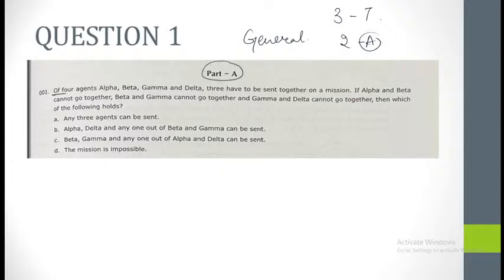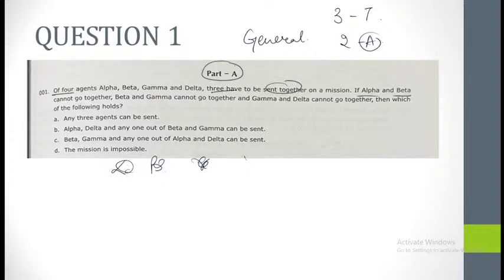The question is, of the 4 agents alpha, beta, gamma and delta, 3 have to be sent on a mission together.